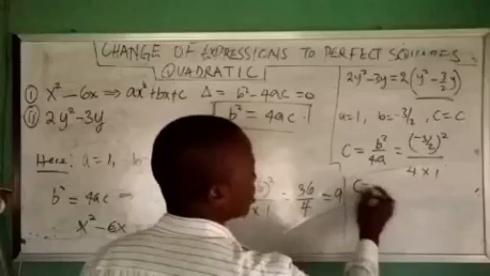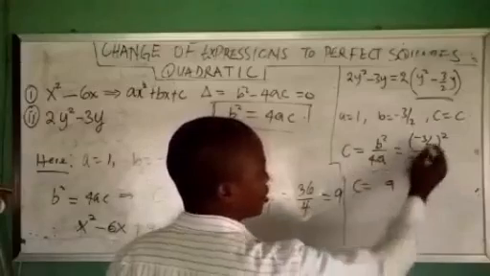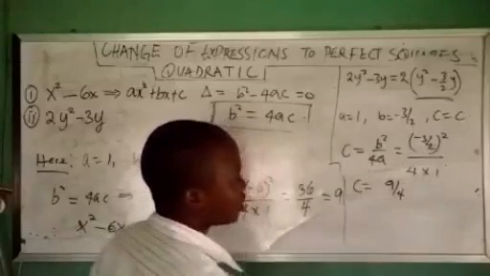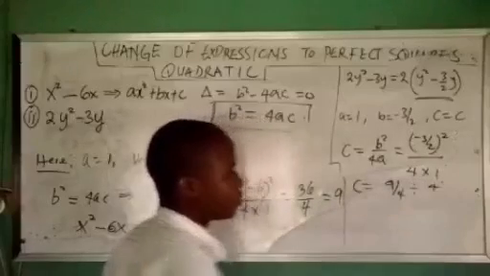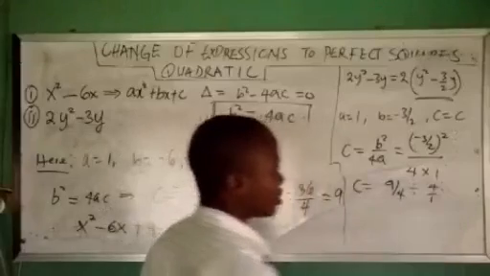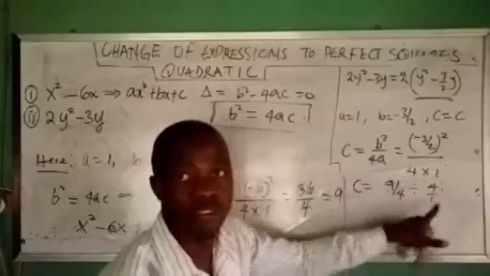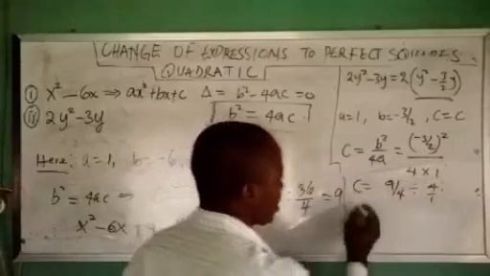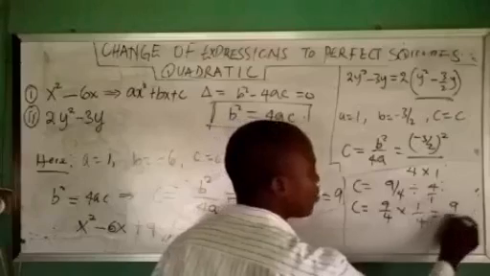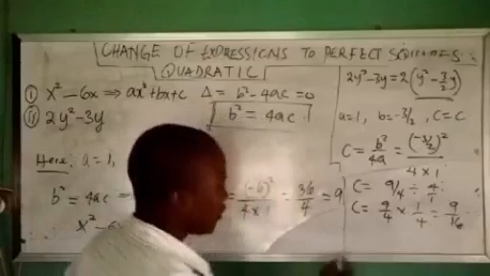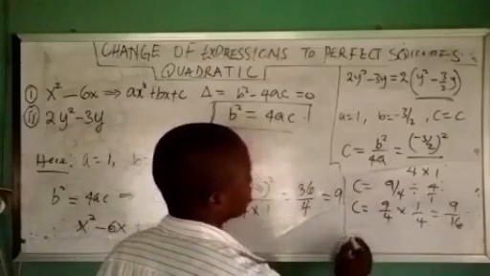So we have our c to be 9 over 4 divided by 4 over 1. This division I change to a multiplication sign. So from here, we have our c to be 9 over 4 multiplied by 1 over 4. This will be 9 over 16.